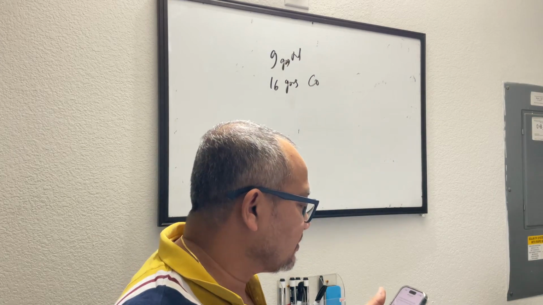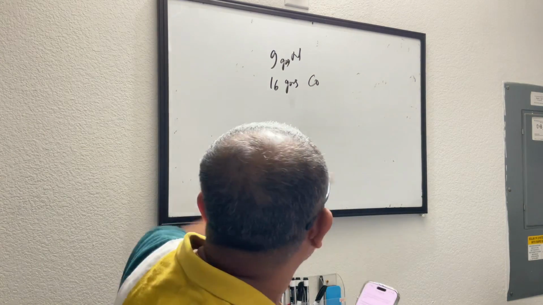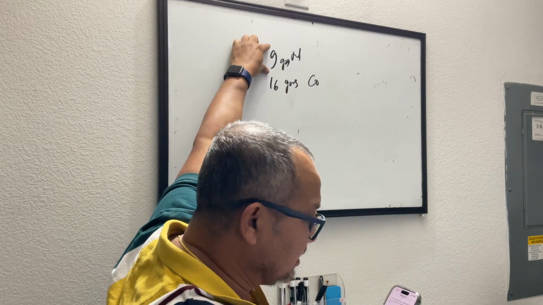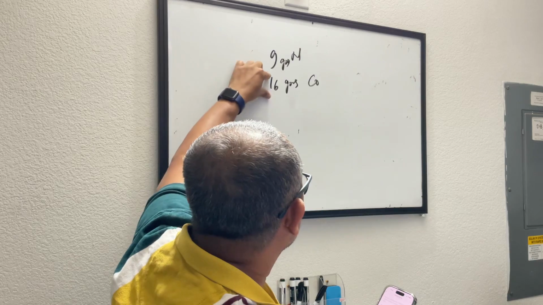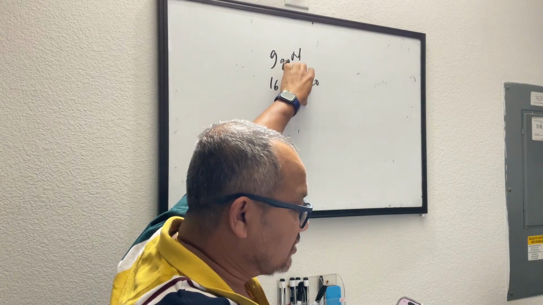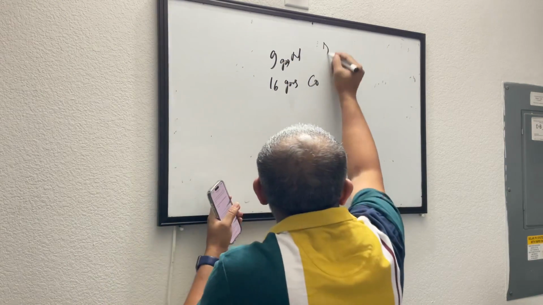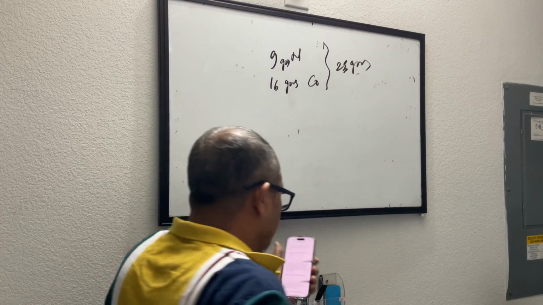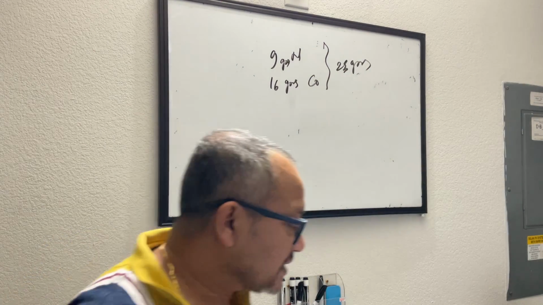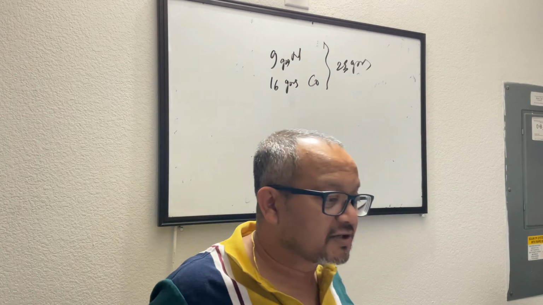Let me read the question one more time. A coin contains 9 grams of nickel, that's a metal, and 16 grams of copper for a total weight of 25 grams. So these two put together is 25 grams. The question says, what percentage of the metal in the coin is copper?